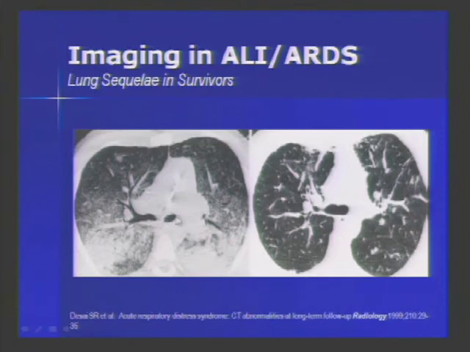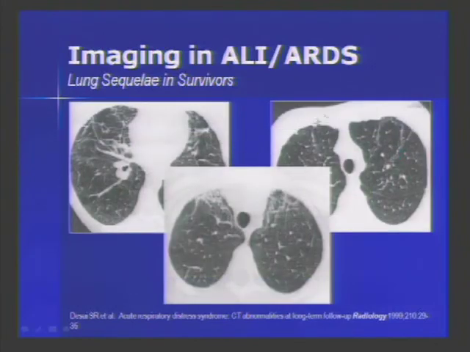And this is a paired examination in the same patient, taken 6 to 7 months after recovery, and it shows that all the dependent areas which were atelectatic in the acute phase appear relatively normal, but there is now a reticular pattern in the non-dependent lung. And you can see this in these 3 different patients showing this exact same phenomenon.